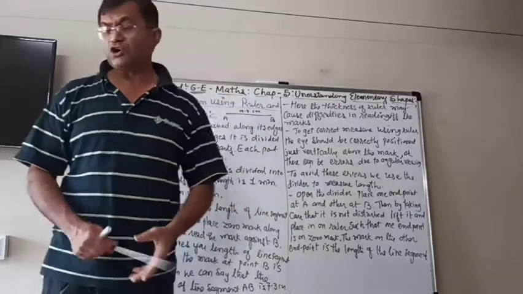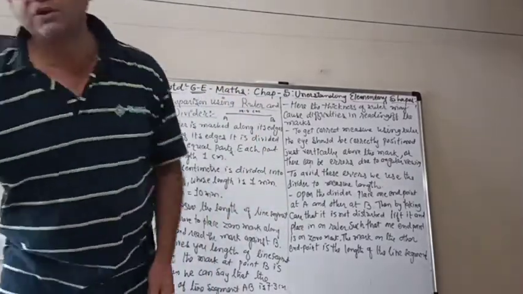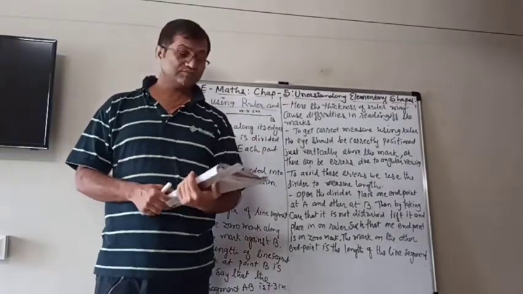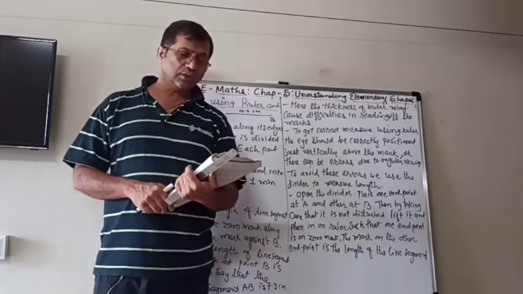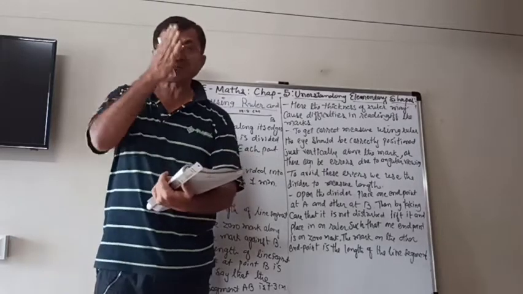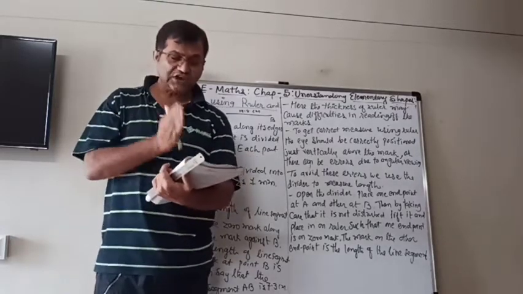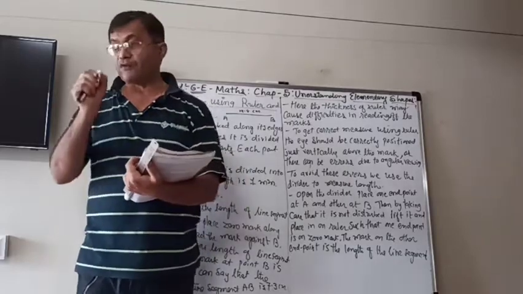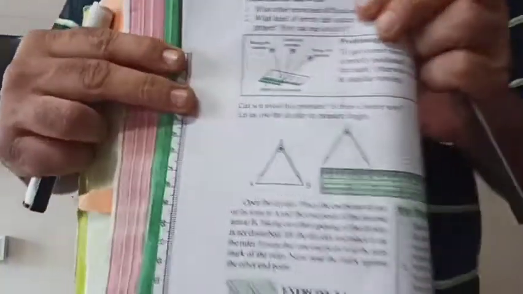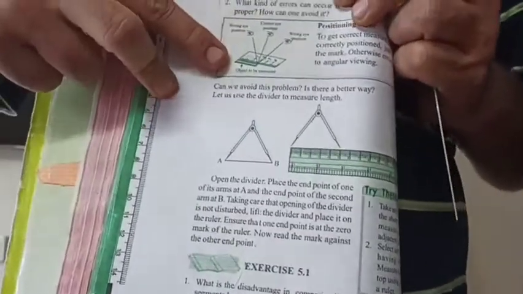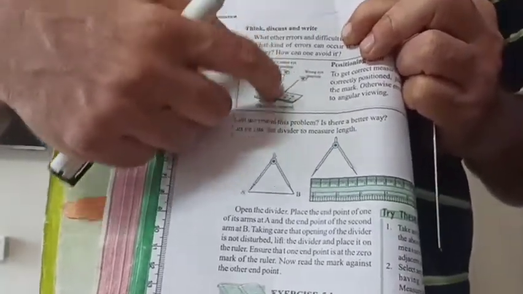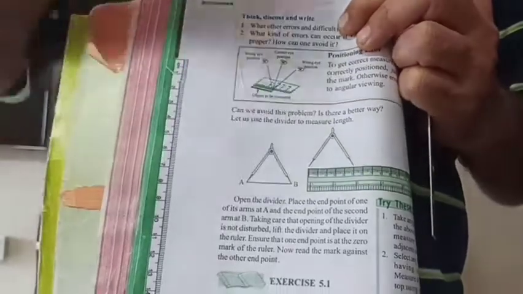Another thing you have to remember is that when you read the mark at the point B, you have to position yourself perfectly. Your eyes must be exactly vertical just over that mark which we are going to read. Look at the figure shown here. You have to look exactly vertical just on that mark.